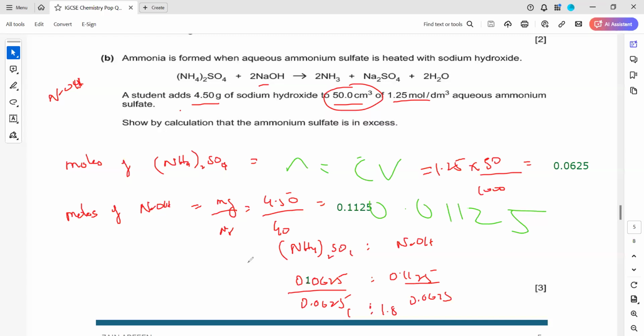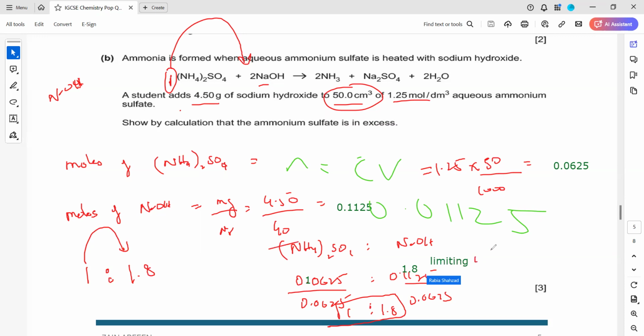So the ratio of the moles is 1 to 1.8. But according to the equation, 1 mole requires 2. But according to our calculations, for 1 mole of ammonium sulfate, we have only 1.8 moles of sodium hydroxide. So sodium hydroxide is the limiting reagent, and ammonium sulfate is in excess.